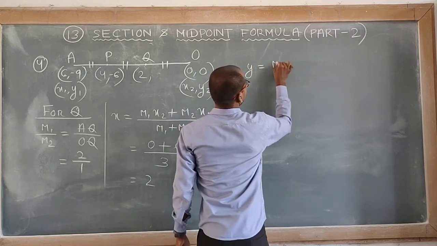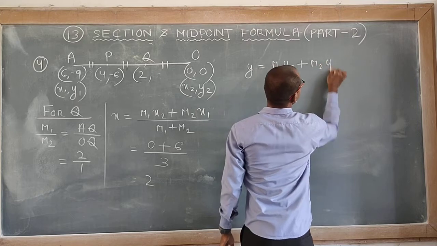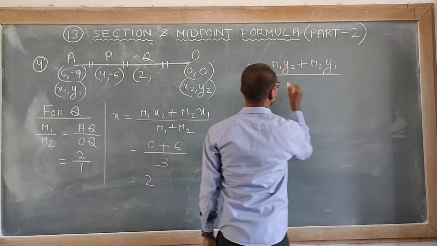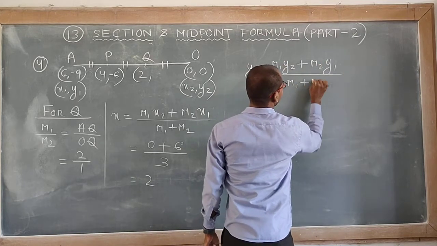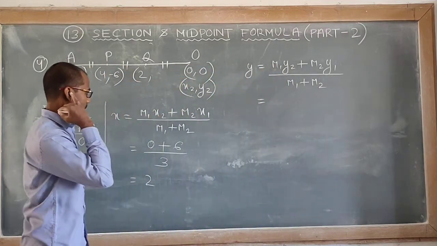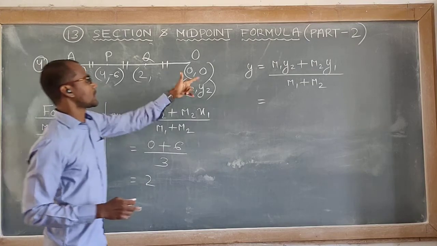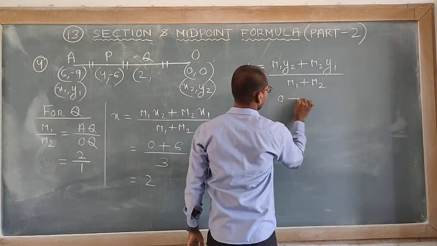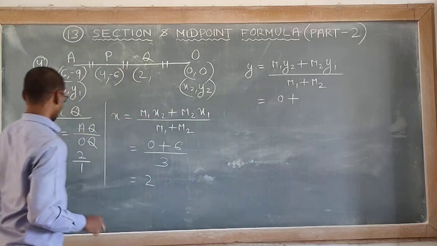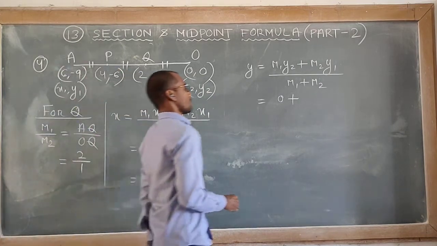Y is equal to M1 y2 plus M2 y1 by M1 plus M2. What is M1 y2? M1 is 2, 2 into y2 is 0, 2 into 0 is 0. M2 y1, M2 is 1, y1 is minus 9, so 1 into minus 9 is minus 9.